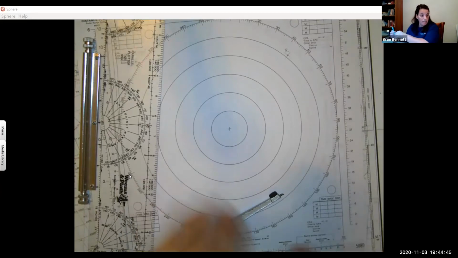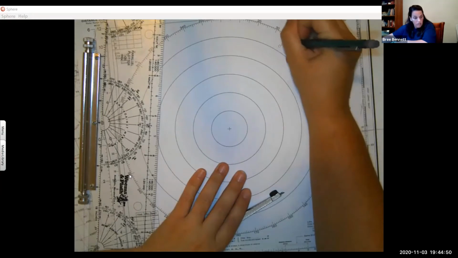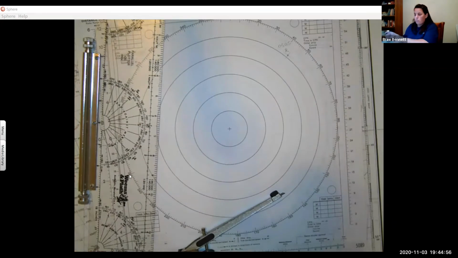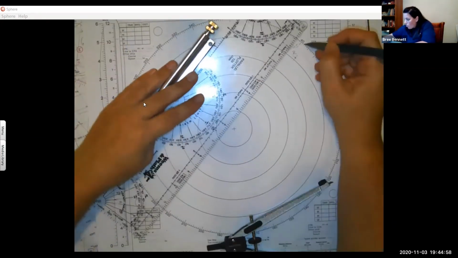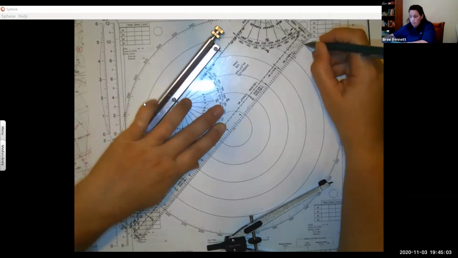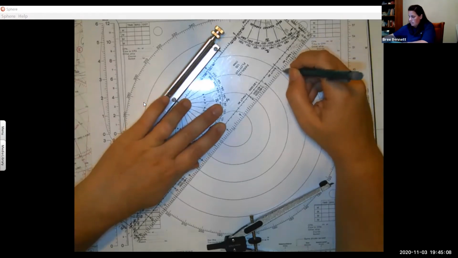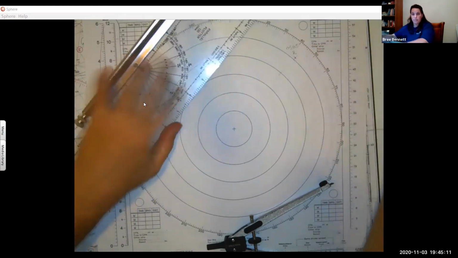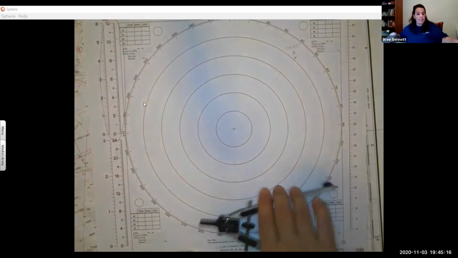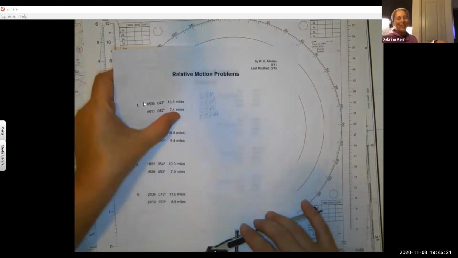Then it gives me my next time, 6 minutes later. This was at 05:05, I'll write the time there. Six minutes later, we have a bearing of 042 at 7.4, so it is less than 8. What does the 7.4 mean again? That's the range, 7.4 miles away from me.